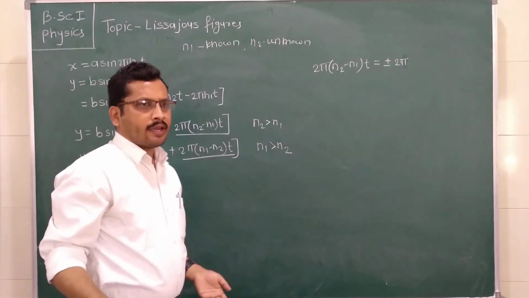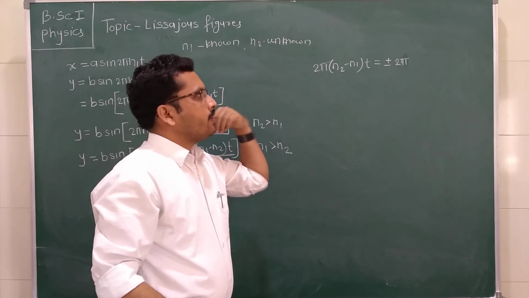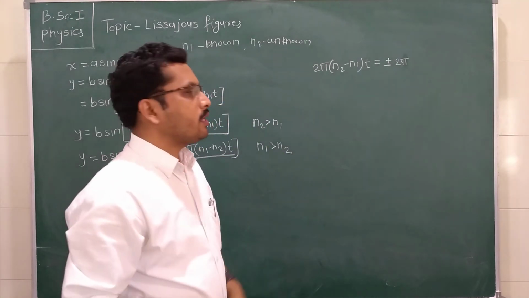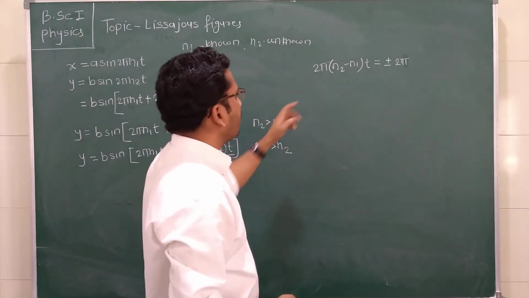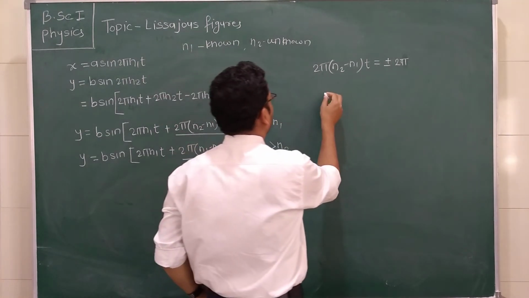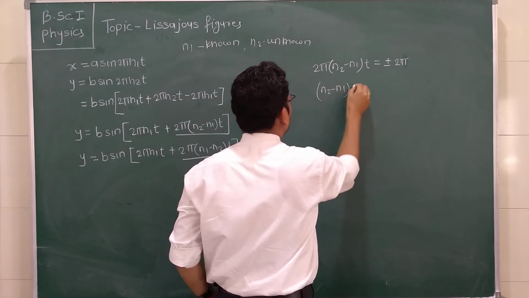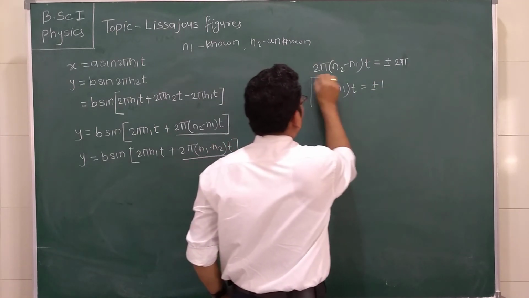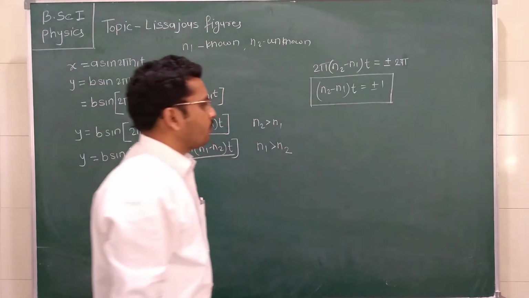So we can write (n2 minus n1) into t is equal to plus minus 1. So this is a basic relation between the unknown frequency and the known frequency.